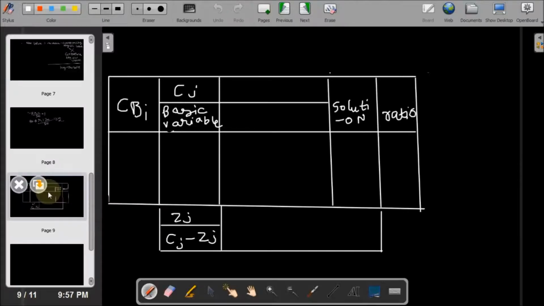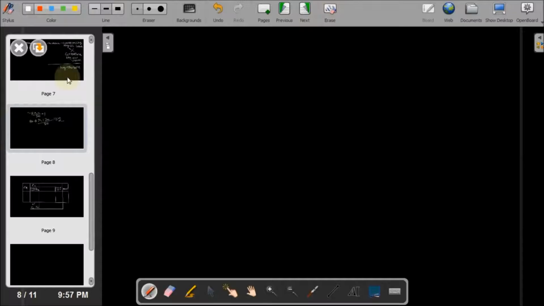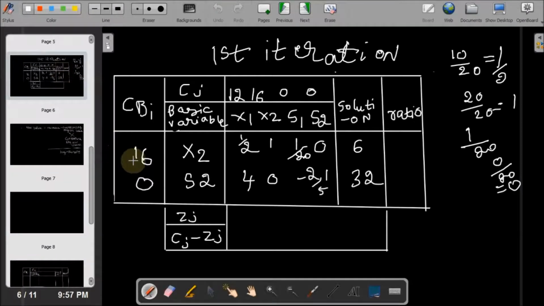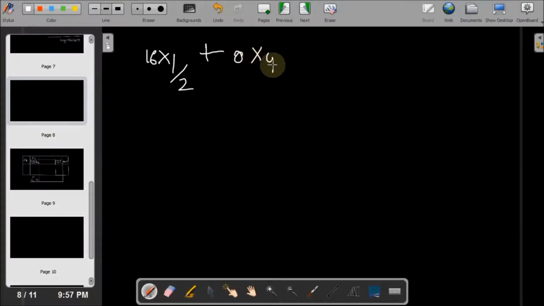You know that formula, right? 16 into 1 by 2 plus 0 into 4. So how much? 16 into 1 by 2 plus 0 into 4. That is 8.